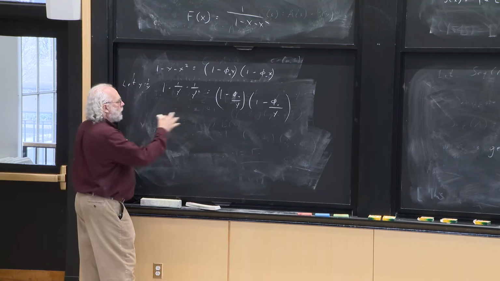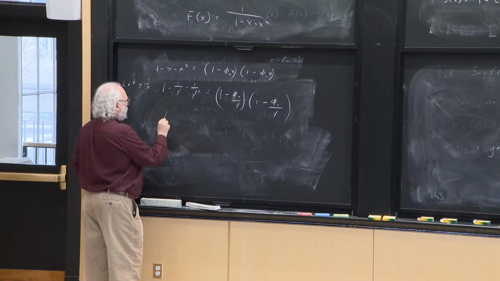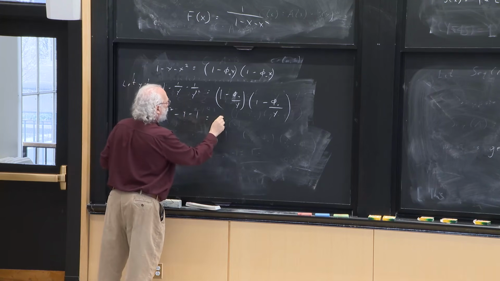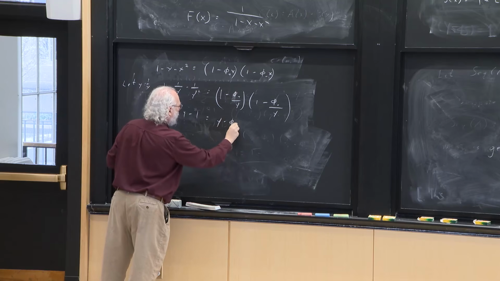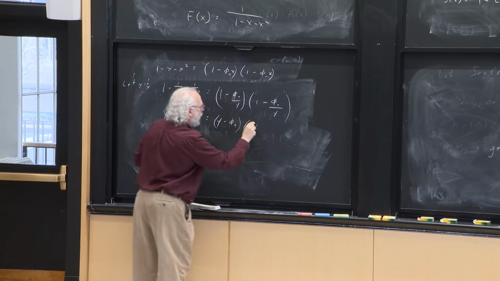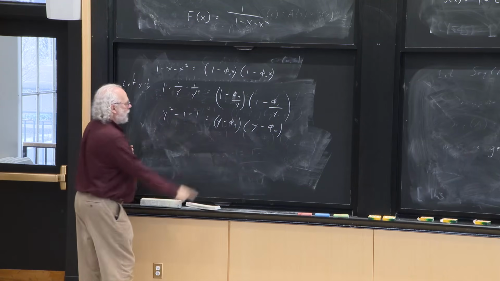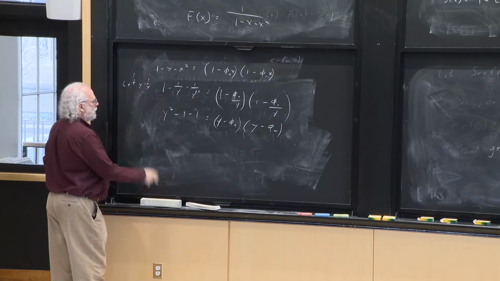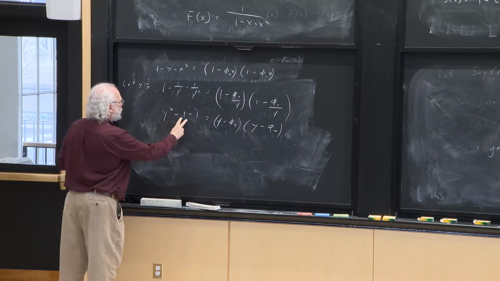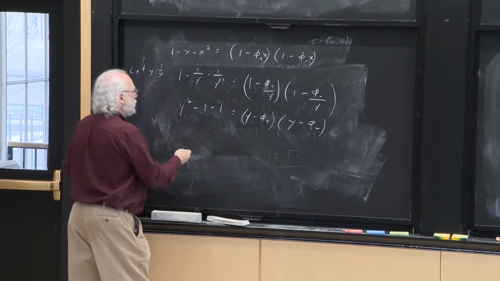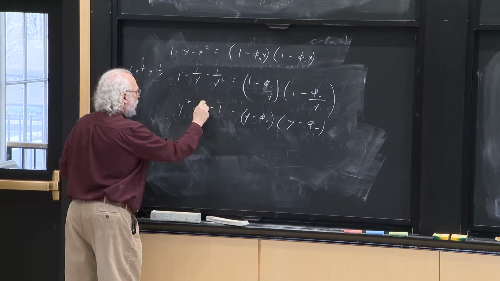And now multiply both sides by y squared. So this is y squared minus y equals y minus phi plus, y minus phi minus. So phi plus is the largest root of y squared minus y minus 1, and phi minus is the smaller root of y squared minus y minus 1.